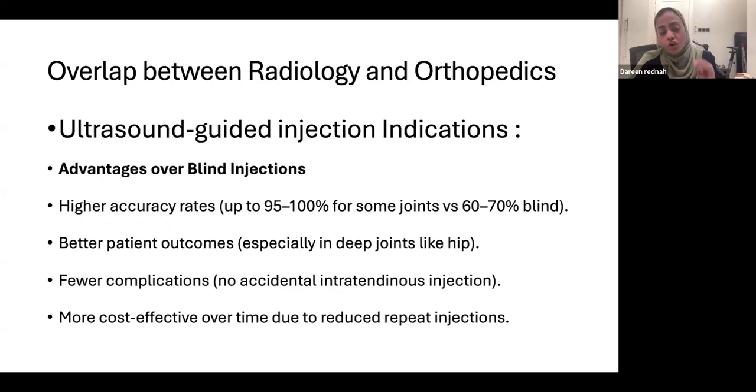The accuracy of ultrasound can reach 100%, while blind is maximum 70%. Better patient outcome, especially in deep joints like the hip, fewer complications, no accidental intratendinous injection, and more cost effective over time due to reduced repeated injections.